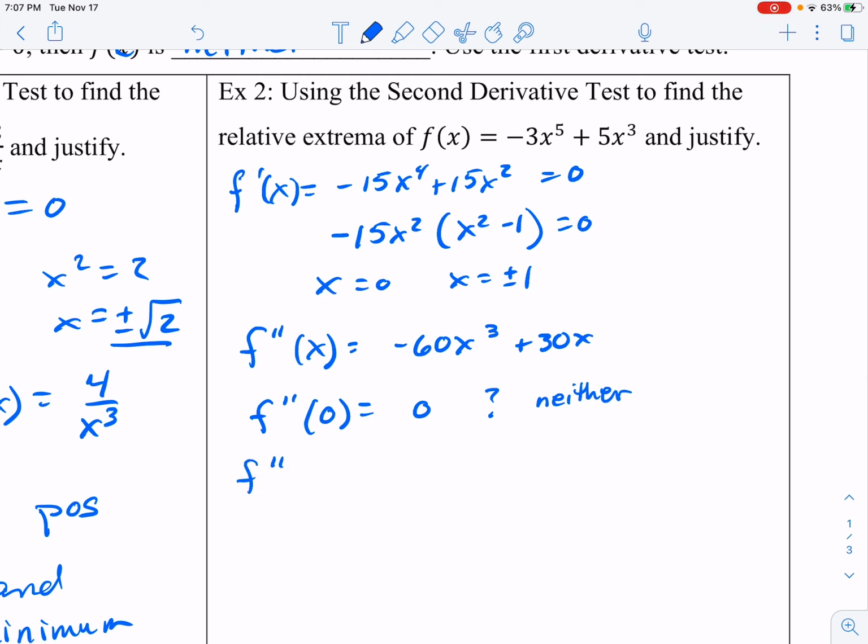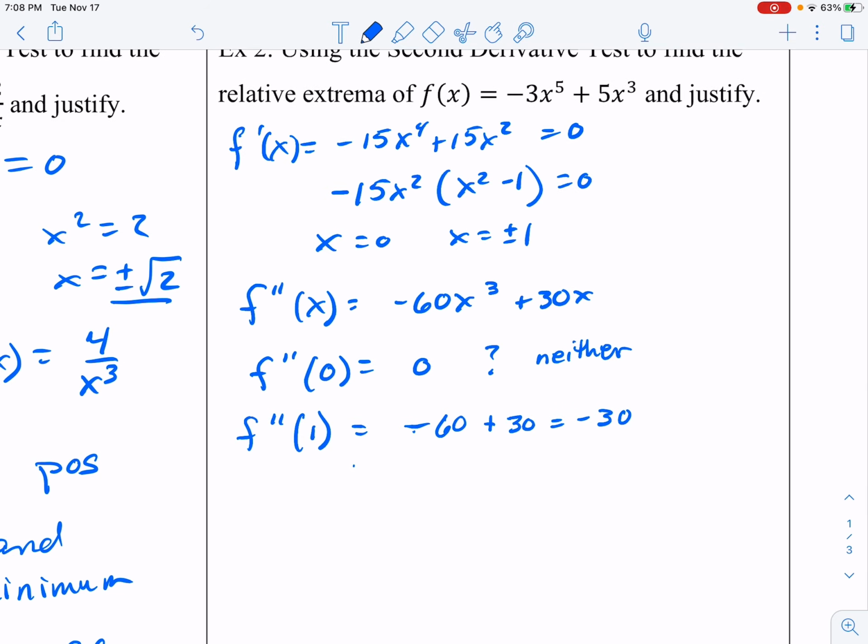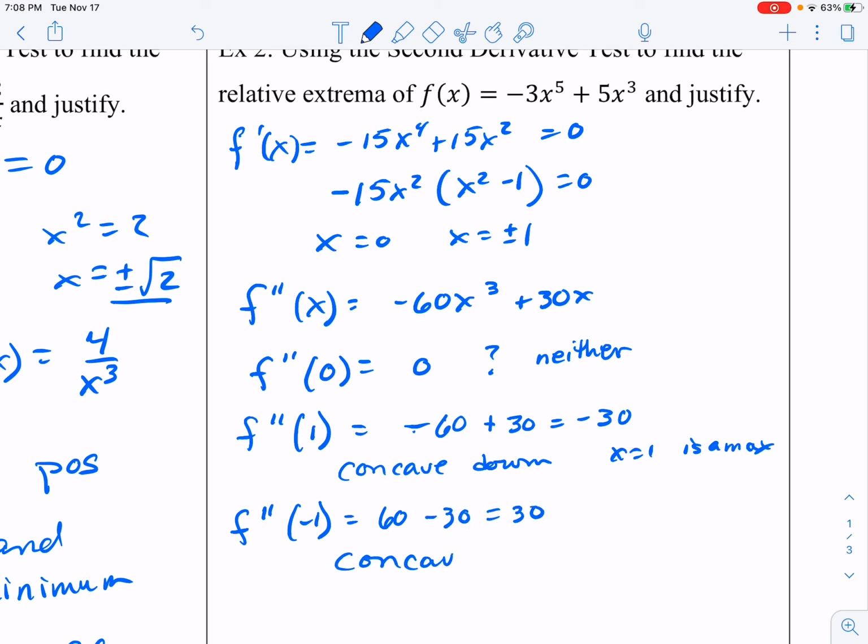If I plug in positive 1, I get negative 60 plus 30, which is negative 30, so it's concave down. x equals 1 is a max. If I do f double prime of negative 1, you get positive 60 minus 30 equals 30. It's concave up. x equals negative 1 is a min.